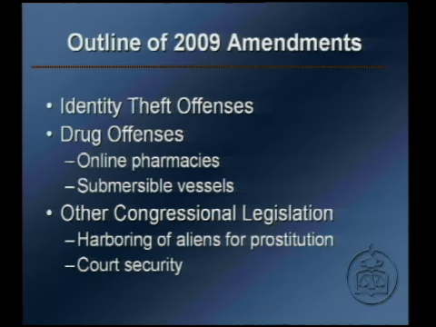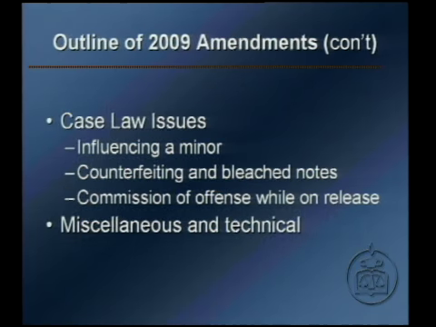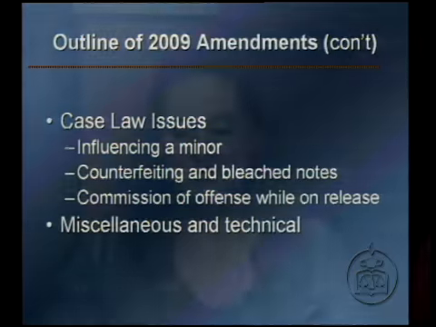Then, we'll address some amendments that address various other congressional legislation, and both the identity theft and drug offenses amendments are the result of congressional legislation, as we'll discuss a bit later on. The next segment of the program will review the amendments that resolve circuit case law issues, and then we'll briefly touch on other pertinent miscellaneous and technical amendments.